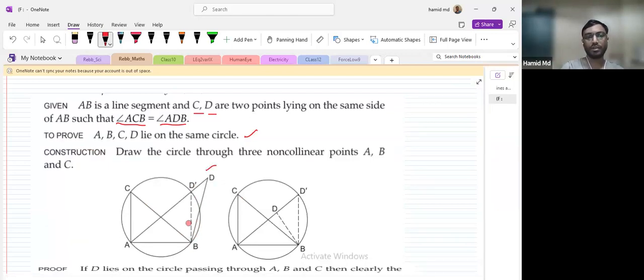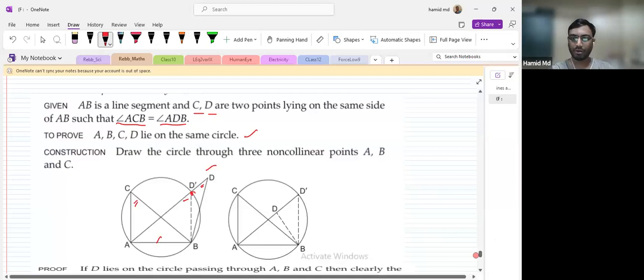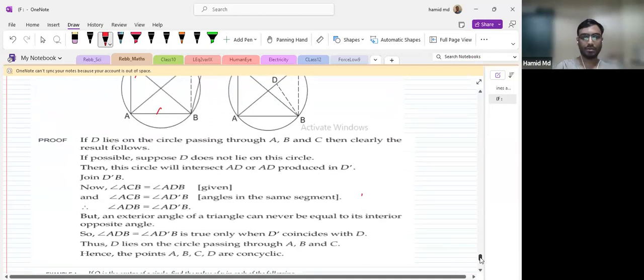So what we did, we constructed it so that D prime lies on the circle. We use the condition that this angle is equal to this angle, and from the theorem, this is equal to this. So using the theorem statement, we got that ACB is equal to AD prime B. ACB equals ADB is given already.